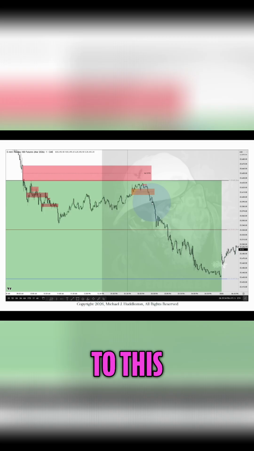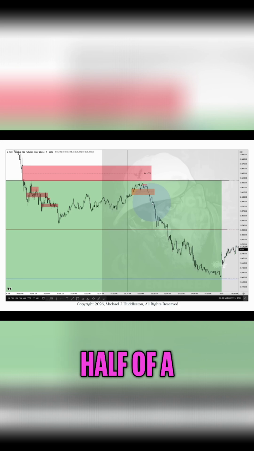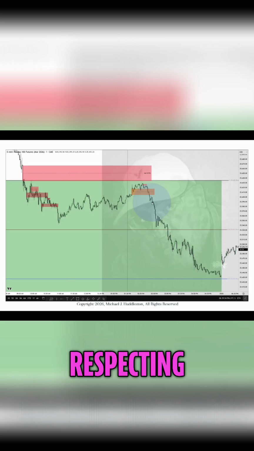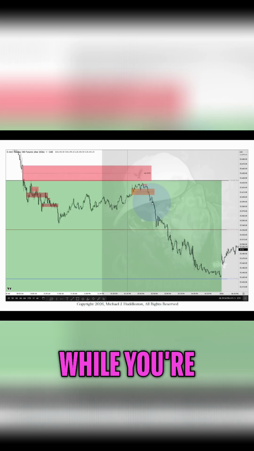Is it allowed to go to this high, to this inefficiency? Is it working in the upper half of an inefficiency above price while still being bearish? Is it respecting only the lower half of that? That's indicating bearishness. It's weak. It's going to send price lower. All these factors have to be weighed in the balance while you're doing it.